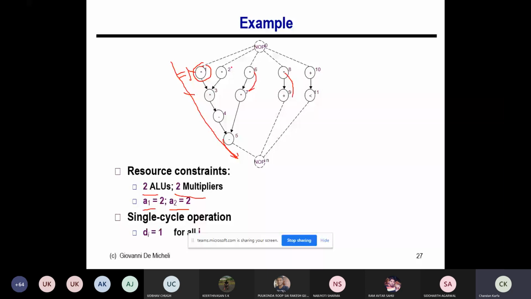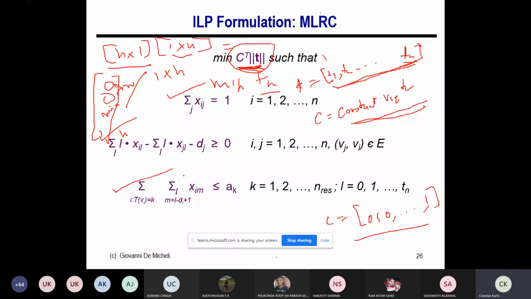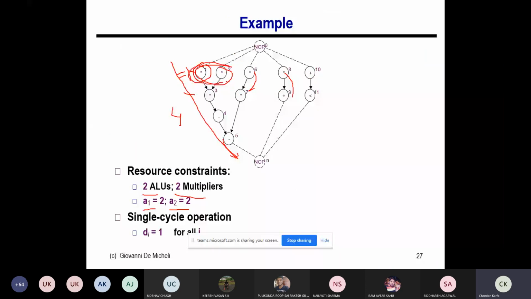These two operations cannot move, so to schedule everything in lambda equal to 4, I need two multipliers. If only one multiplier is given, the formulation will say that no solution exists, because at least two multipliers are needed. So there is no schedule available for this behavior with one multiplier in 4 time steps.